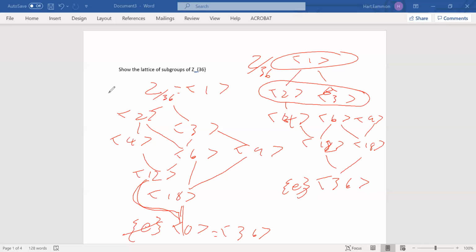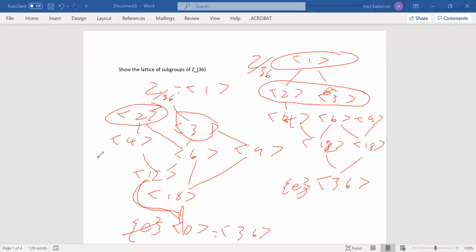What's the cardinality of this set right here? It is 18. So Justin was right there. The cardinality of this set is 12.